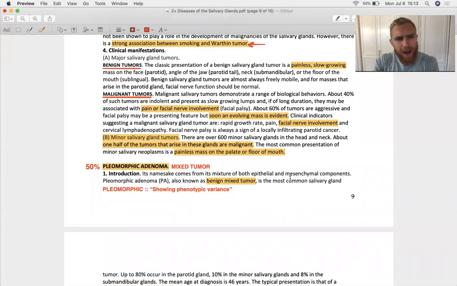So we know that a benign tumor is a neoplasm that has not encroached outside of its local boundaries. It hasn't broken through any basement membranes. And if it has a capsule, which most benign tumors do, it hasn't penetrated that capsule. Benign tumors symptomatically are pretty painless, pretty slow growers.